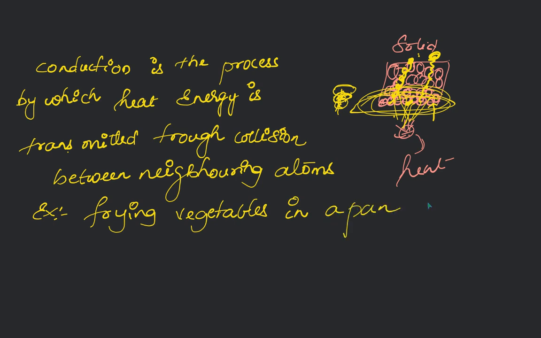When we fry vegetables in a pan, initially the pan gets heated. Later the vegetables get warm, and later they get hot and are difficult to touch. That's how it works.